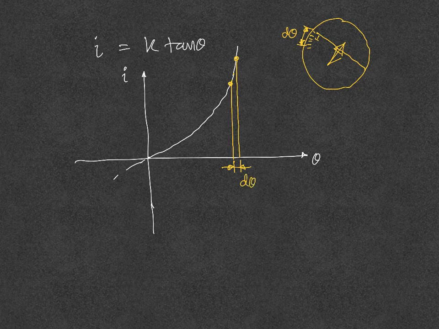For large values of theta, this is the error in measuring current. So this tangent galvanometer is not suited for large values of theta.